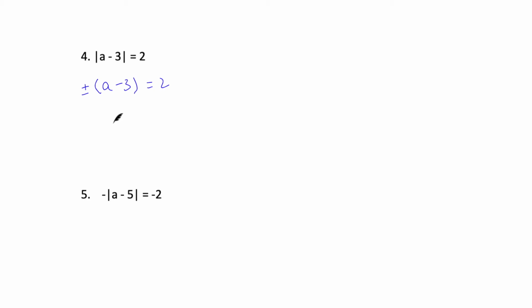Now the question is, why did we put plus minus? You need to understand that we talked about the output. The output, which is your y, which is your f of x, will always be positive. But when we are solving an equation, we are finding our x, we are finding our input. And input, the domain, x can be positive, greater than 0, or x can be negative as well.